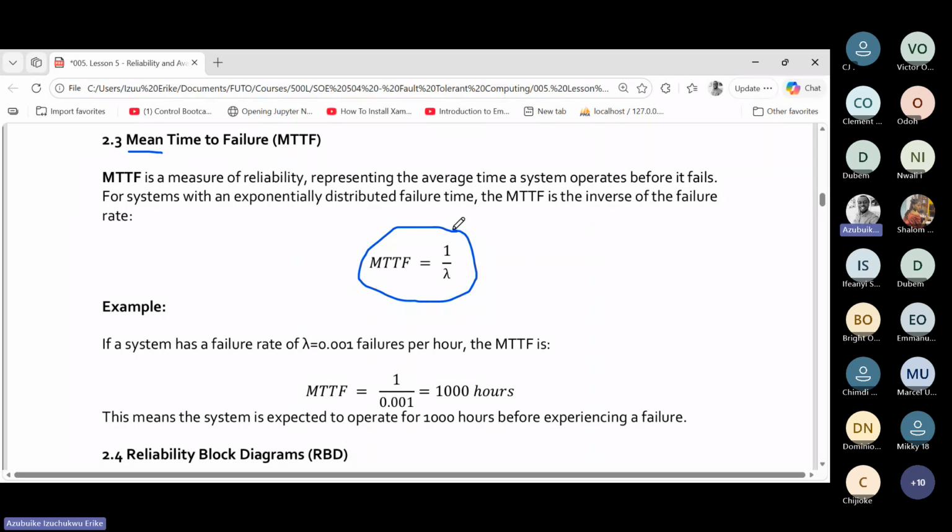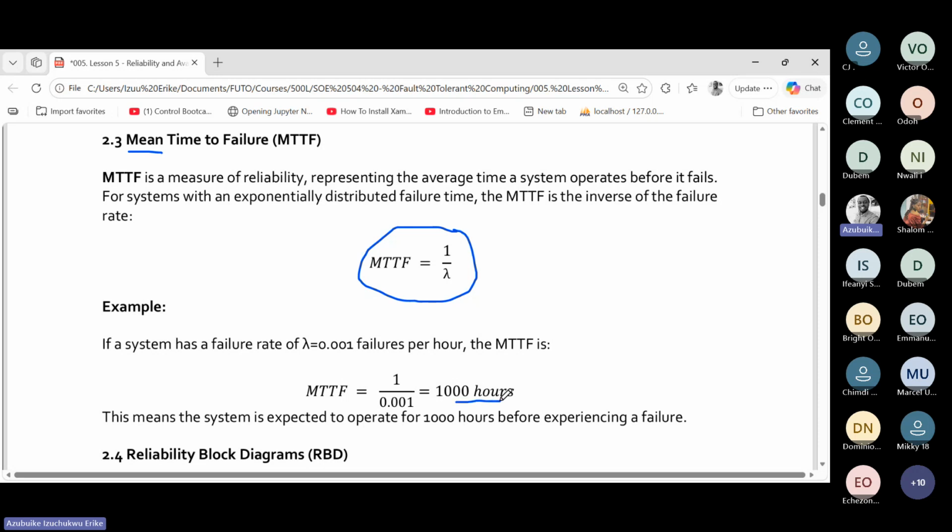So look at an example. We say if a system has a failure rate of 0.001 per hour, now the MTTF, that is the mean time to failure, is going to be 1 over that lambda, which is the failure rate, and is going to give us 1,000 hours.